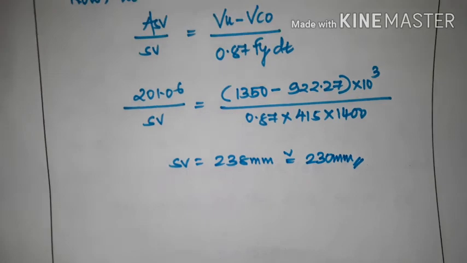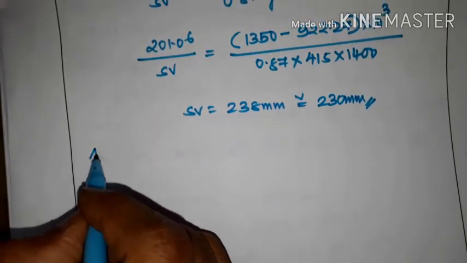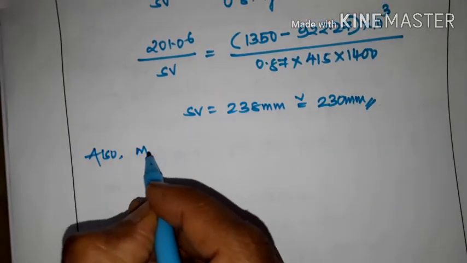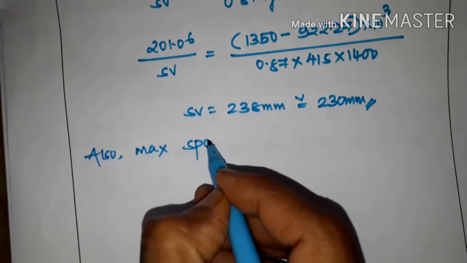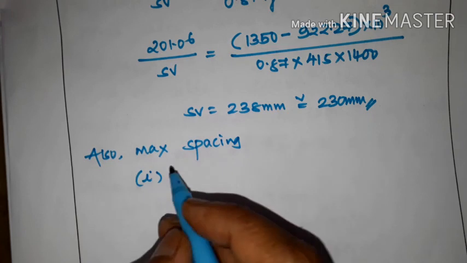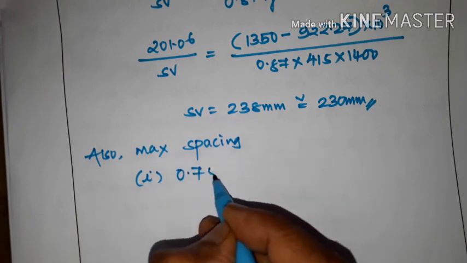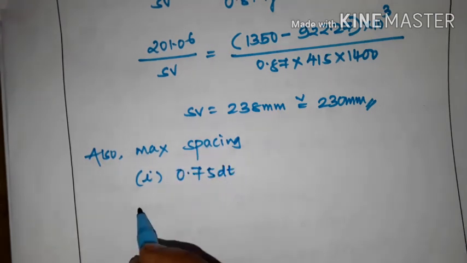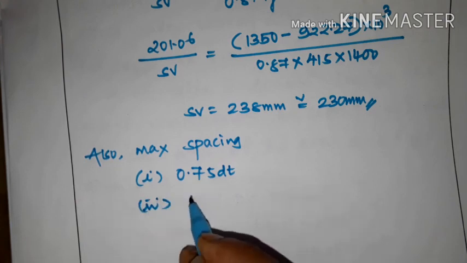The next check is the maximum spacing. The first condition is 0.75 times dt, the second one is 4 times Bw.